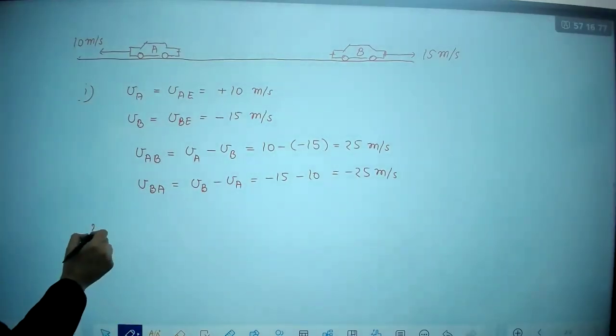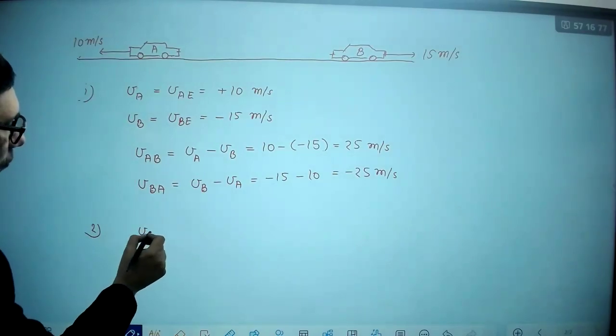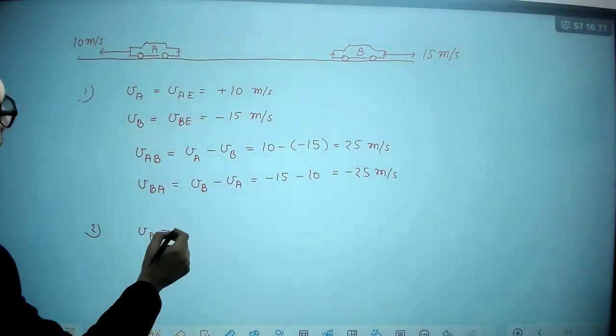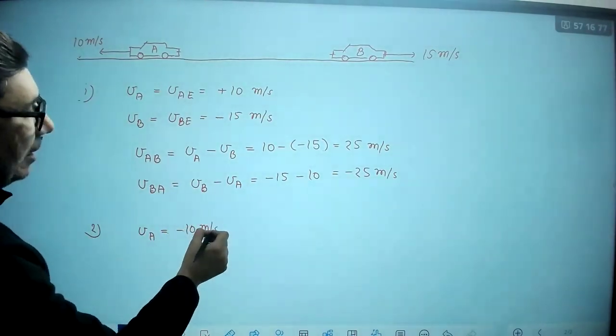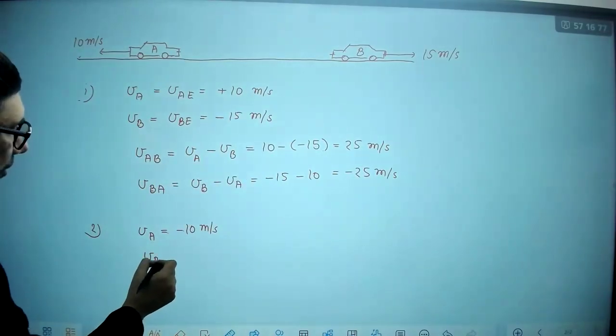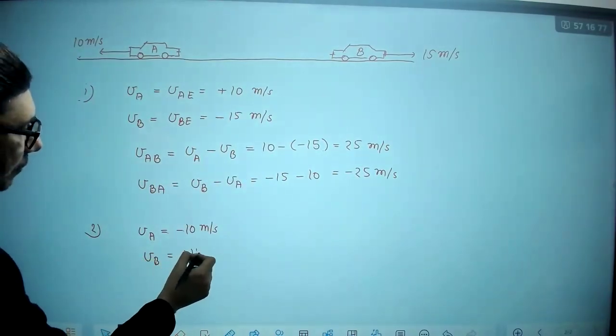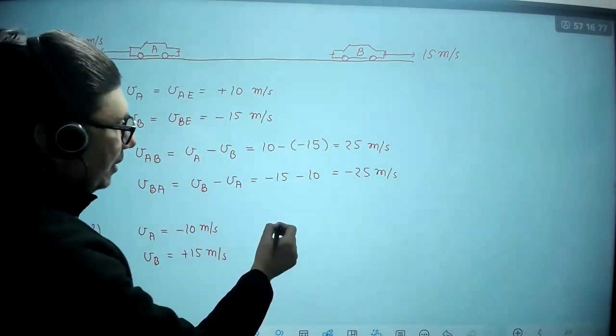So in the second case, VA, because it is moving in the negative direction, will be minus 10 meter per second, and VB, moving in plus x cap direction, will be plus 15 meter per second. So what will be VAB?